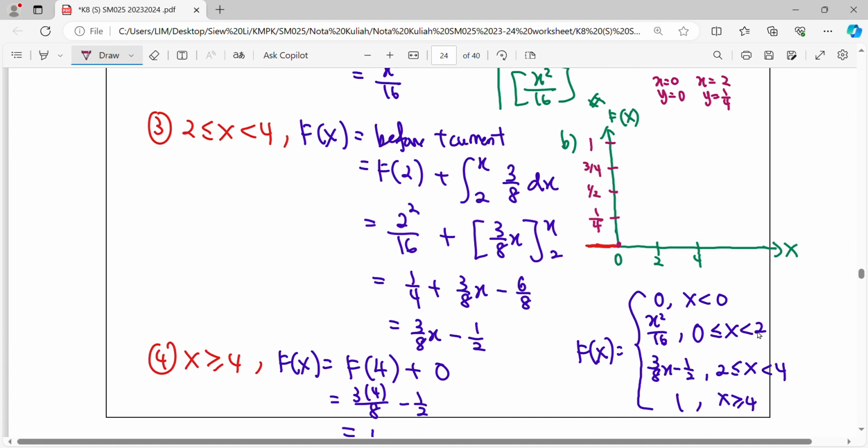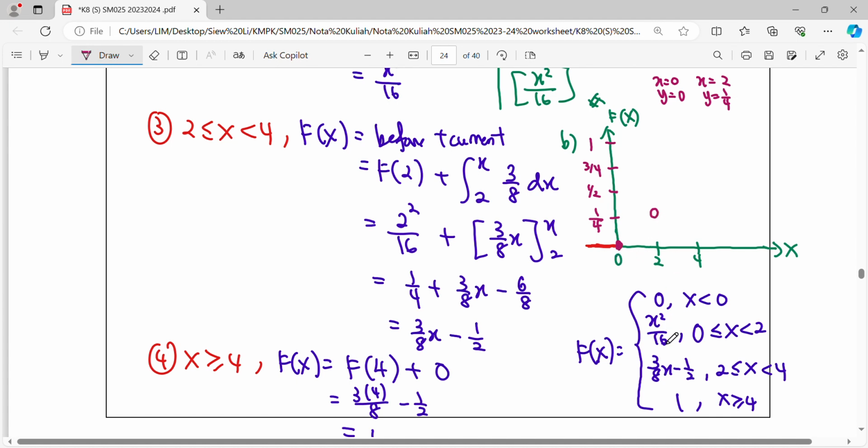Alright, so for the first point, which is x equals 0, this is your closed circle. But for your ending point, when x equals 2, we have no equal sign here, so this one will not be included, it will be an empty circle. So how to join these 2 points?